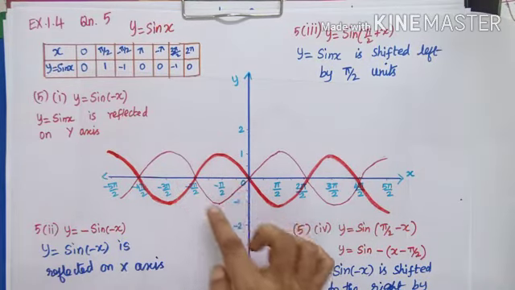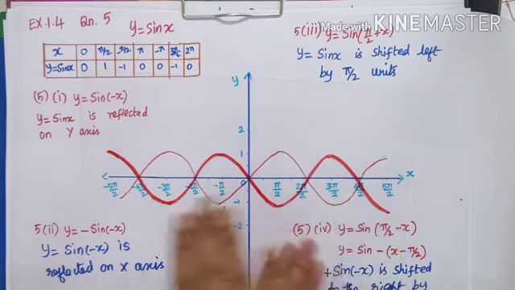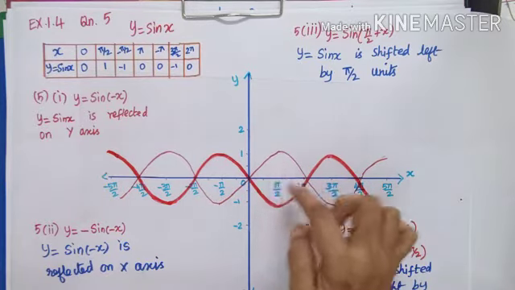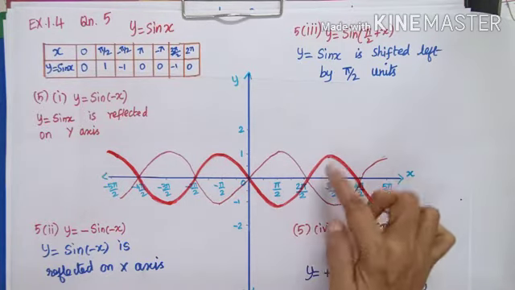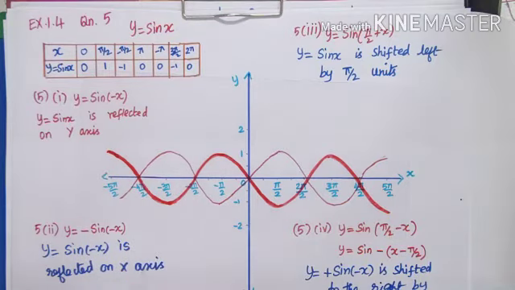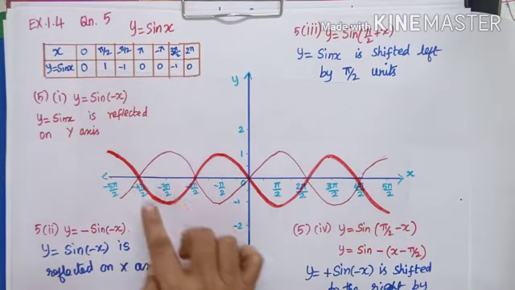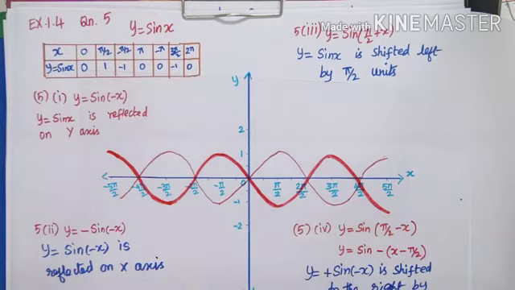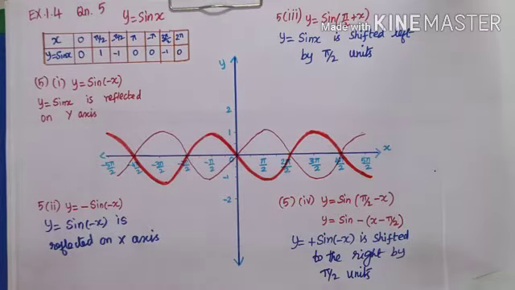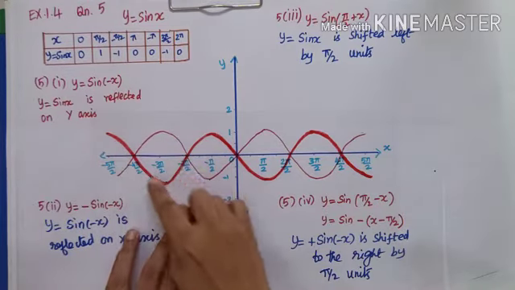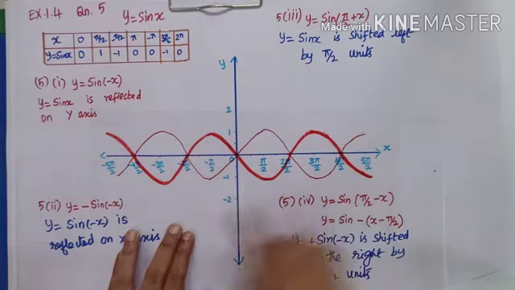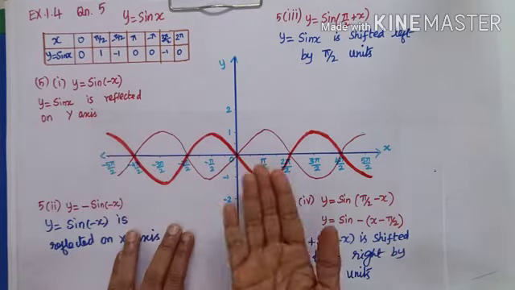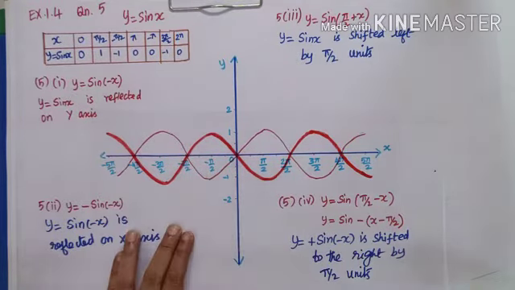This is my original diagram, and if I reflect, up will come down, down will go up. So this is sin of minus x curve. The thick red line tells me it is sin of minus x curve.